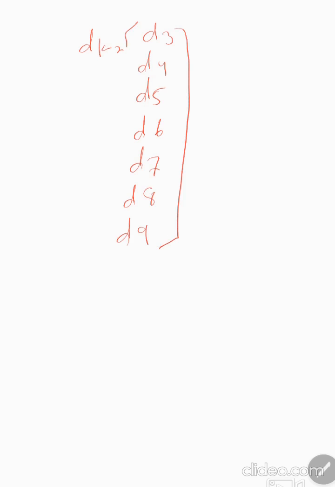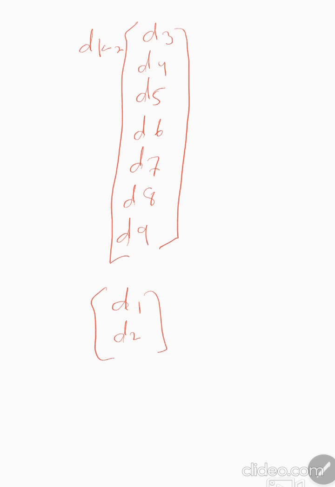All of these are known. And for unknown displacement we have only d1 and d2, 1 and 2 only.